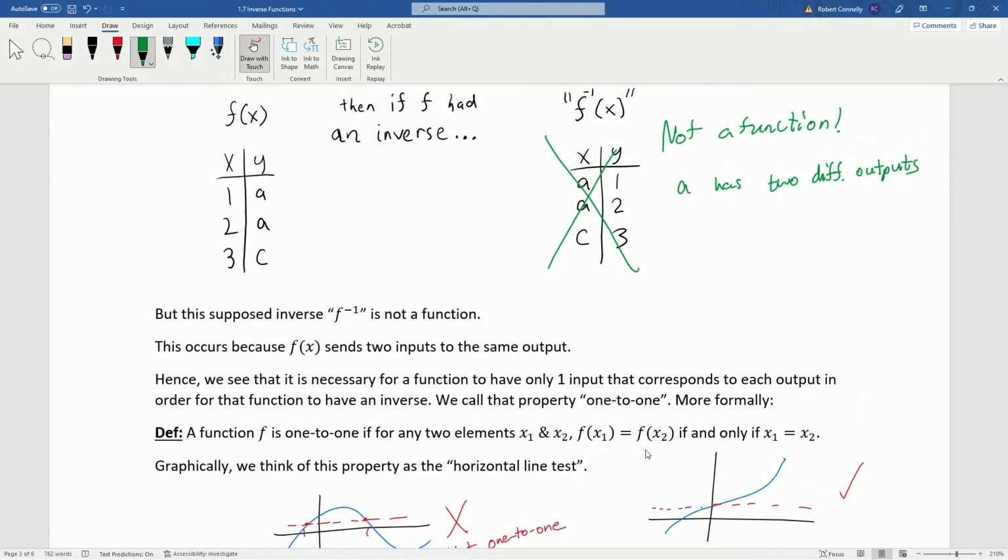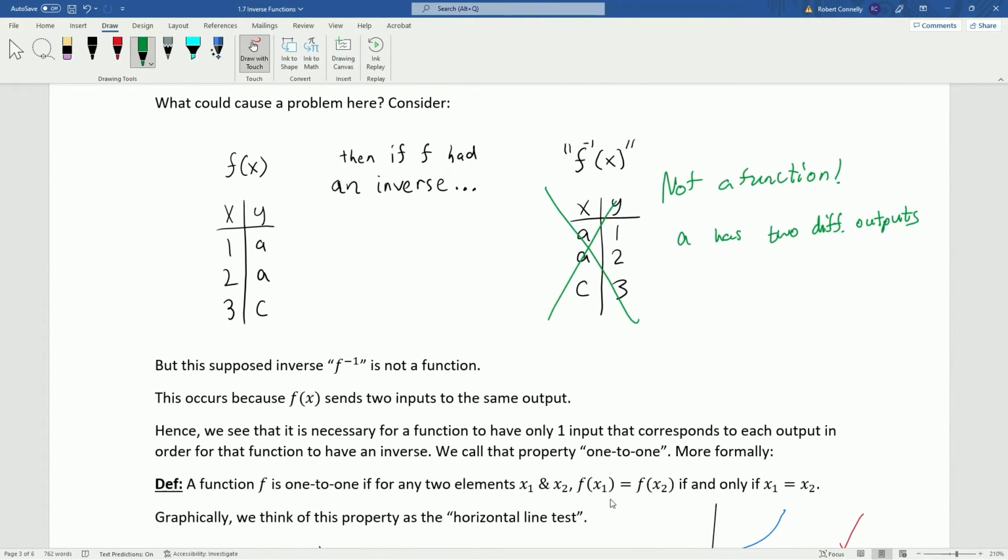That definition may seem a little bit weird, but it's actually pretty straightforward. What this says is, if your outputs are the same, you must have had the same inputs. You couldn't have had different inputs. So notice, this function is not one-to-one, because here we had the same output, but our inputs weren't the same.